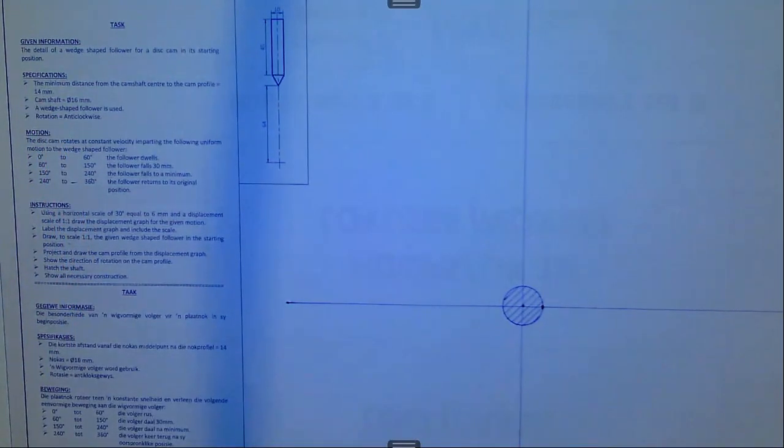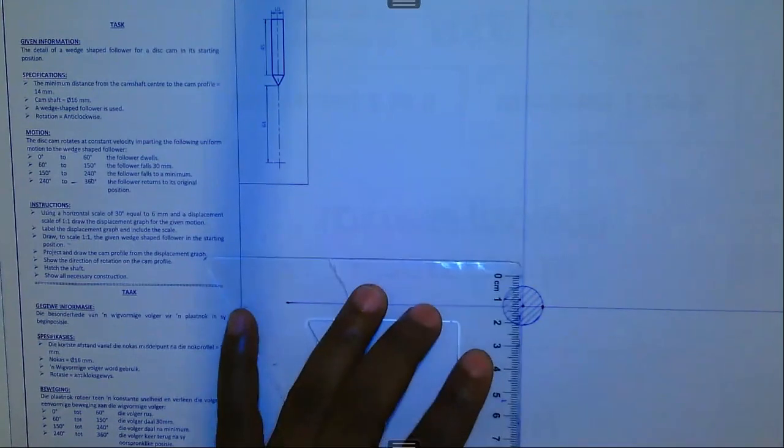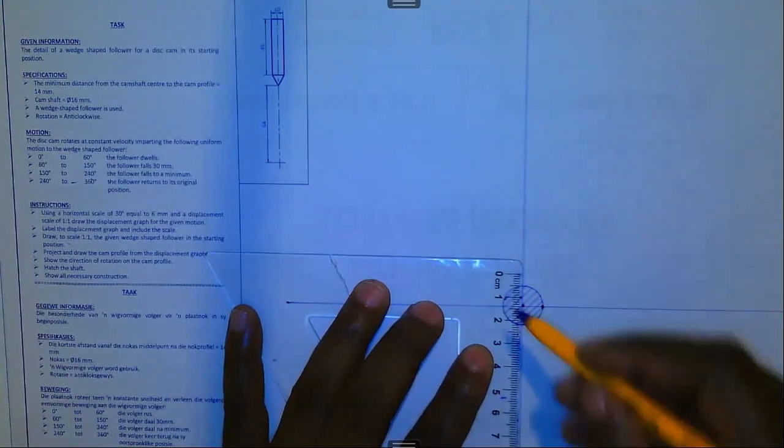That is the minimum distance from the cam to the camshaft, from the camshaft center to the cam itself. So you are going to measure from the camshaft center 14, like this.